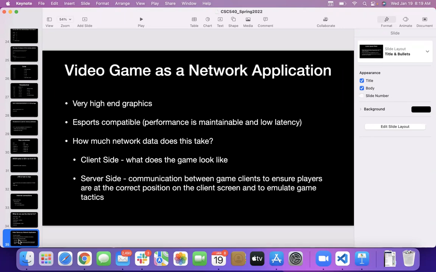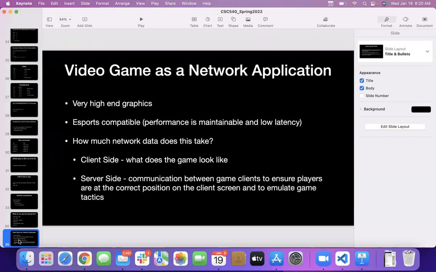A lot of other people use third-party clients for their voice chat, so it's actually completely separate from the video game itself. But regardless, it's still using network bandwidth to manage that voice chat. Okay, but that's a whole different channel than all those graphics and things like that. So it really doesn't matter how graphically intense a video game is. That doesn't dictate the amount of network bandwidth that it's going to take during playtime.